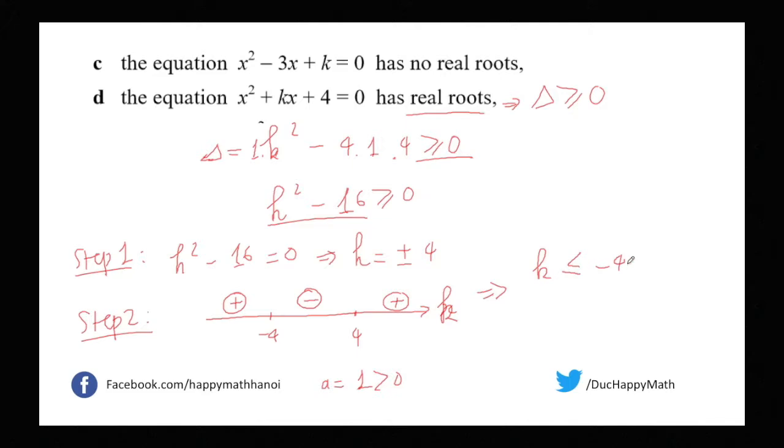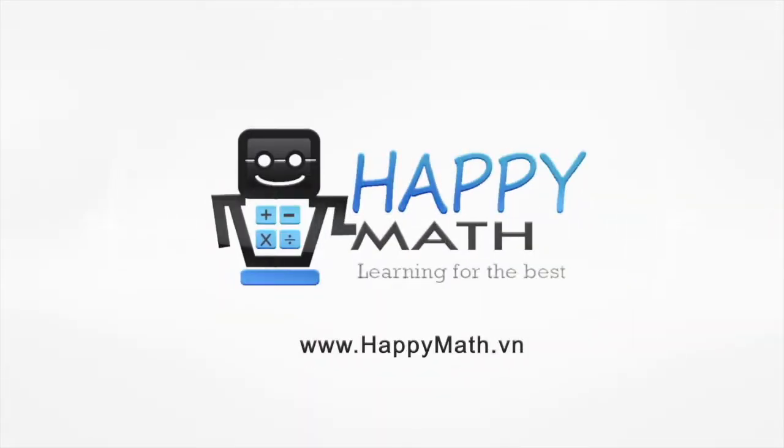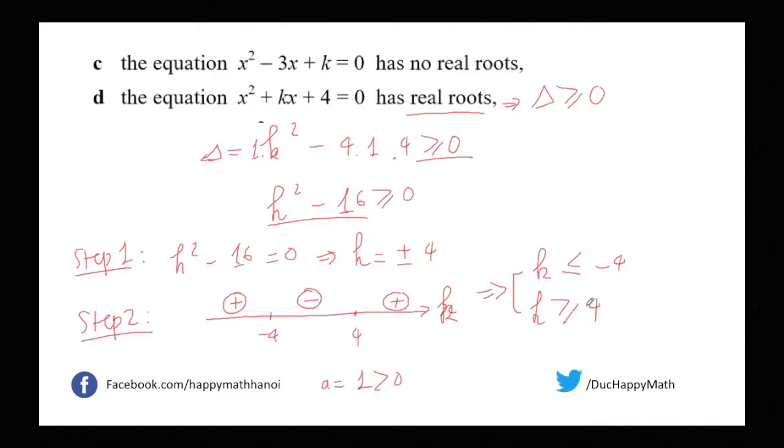We have an equal sign here because delta can be equal to 0, so I take both the -4 and 4 values. And then k is greater than or equal to 4. Yes, you know about the equal sign here. This is the condition for question D: k less than or equal to -4 and k greater than or equal to 4.